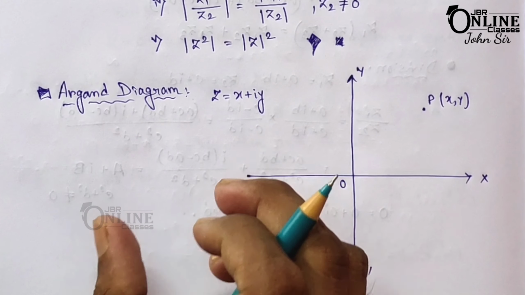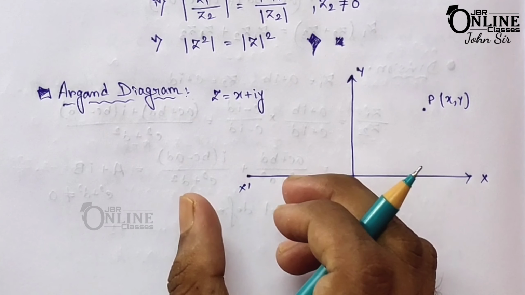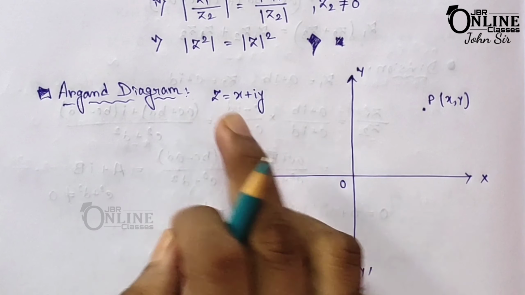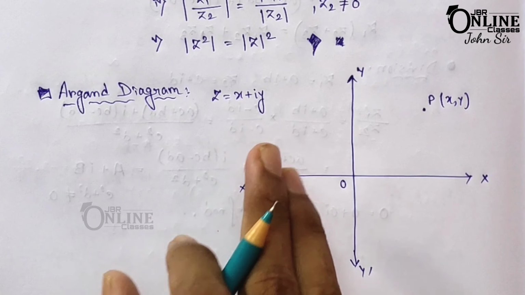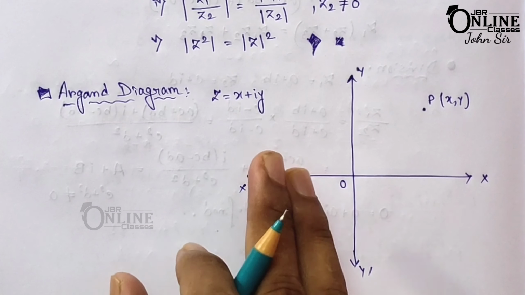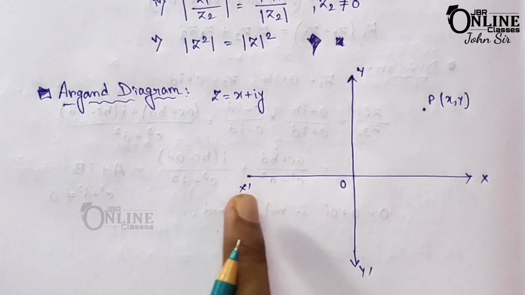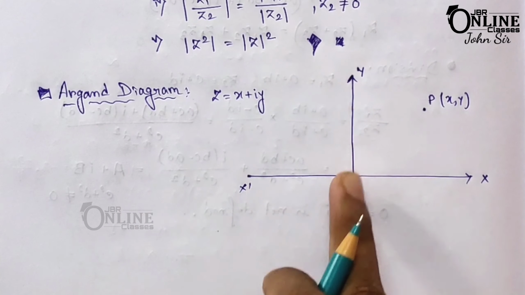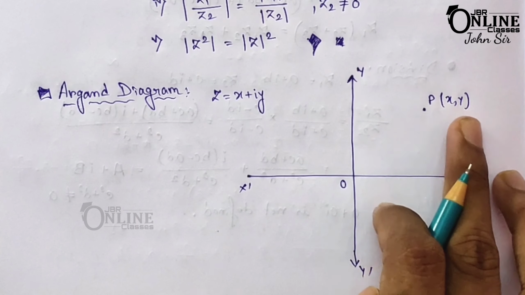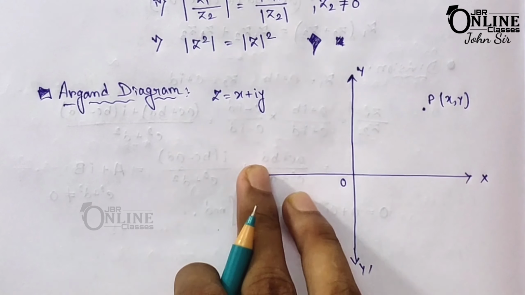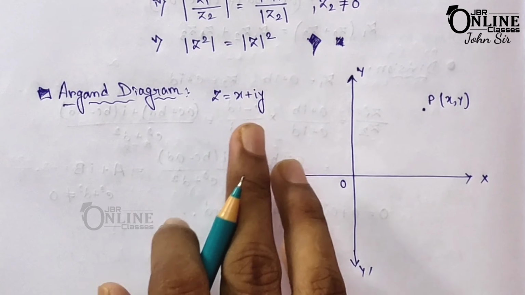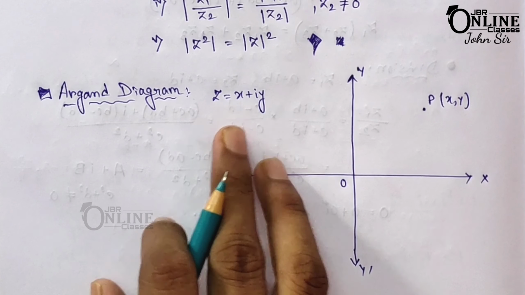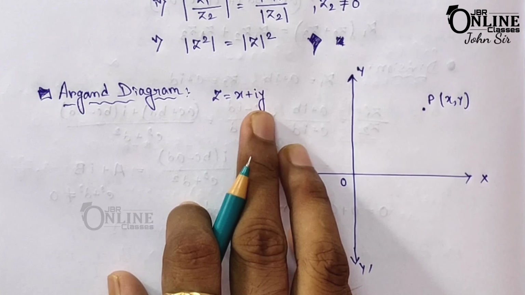Then we say that the point P of the complex plane represents the complex number z equal to x plus iy.